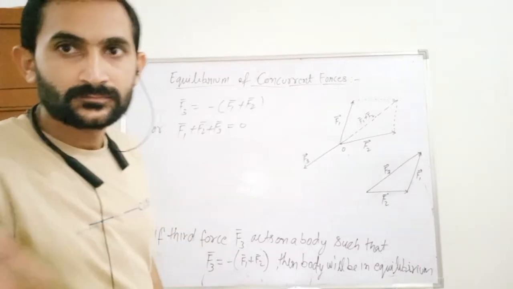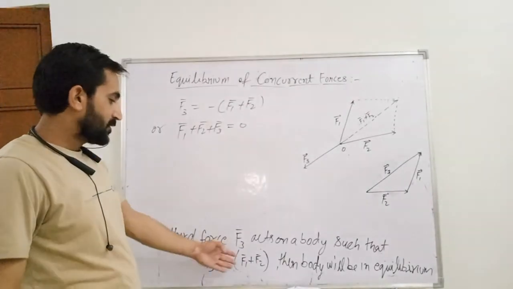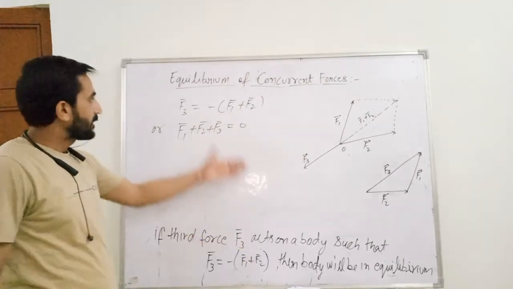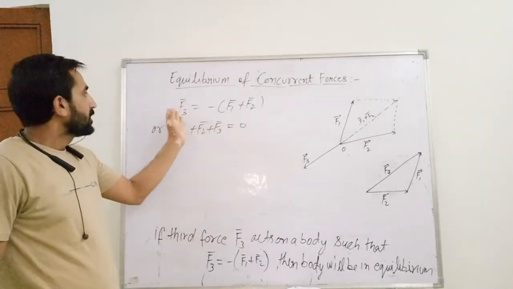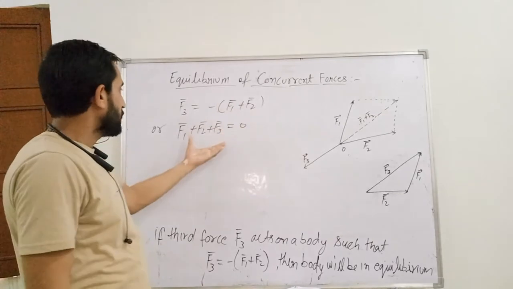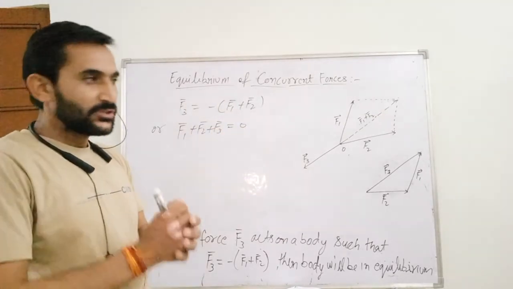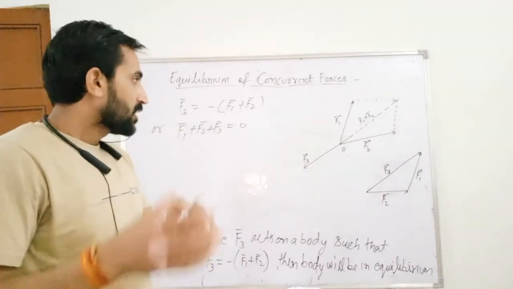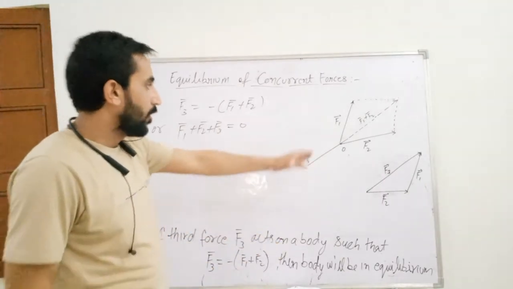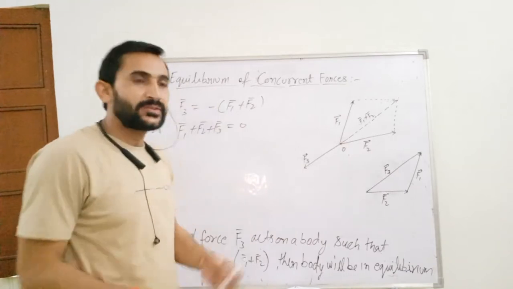Now we can substitute this value, and F1 plus F2 plus F3 will be equal to 0. Here we can say the resultant force acting on this body is 0.